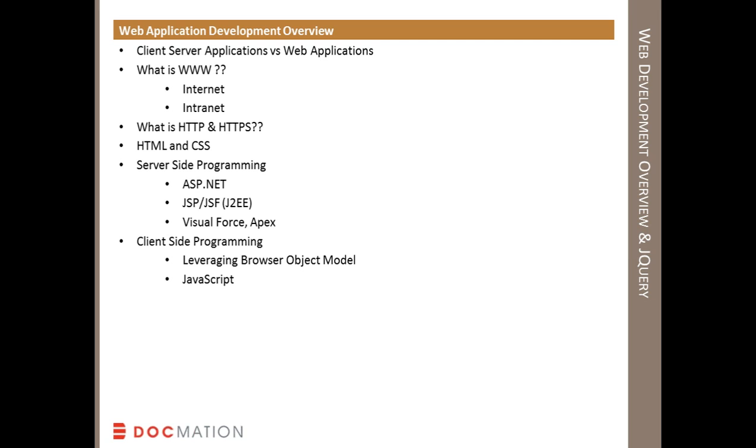Web, over a period of time, has really evolved, and these days we talk about rich internet applications, HTML5 based applications and so on. And when we are talking about those applications, we are talking about implementing feature sets that are close to what was there in the client-server world.